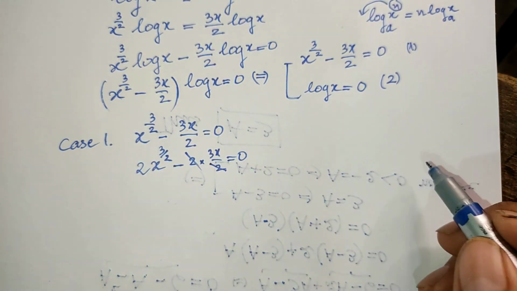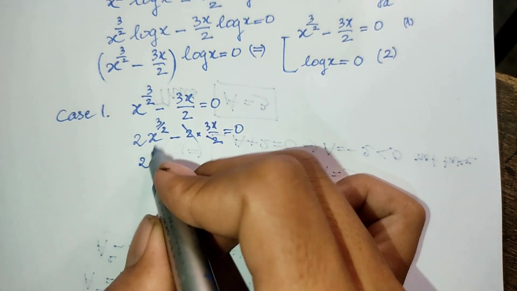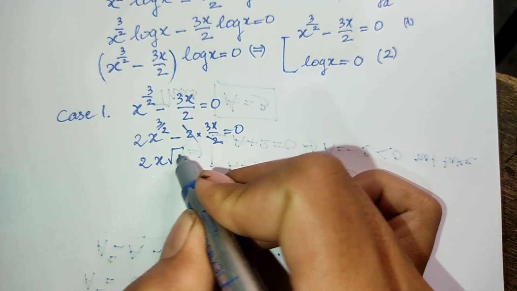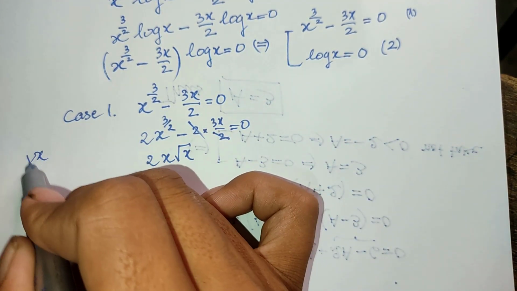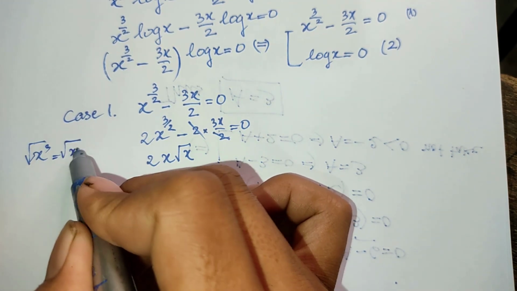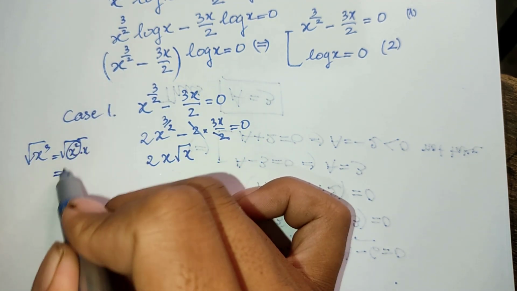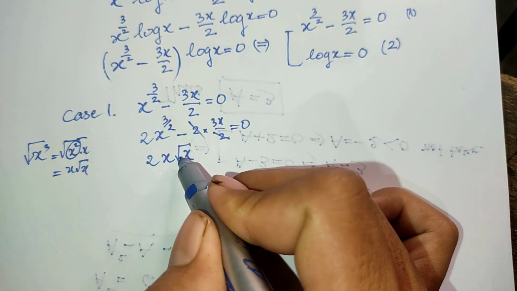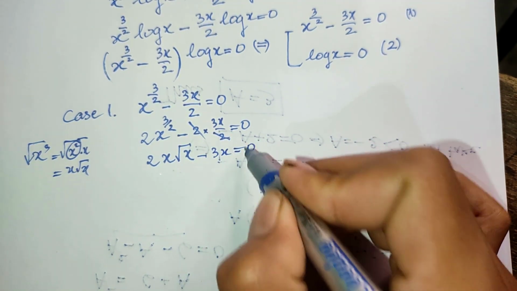And now we simplify it: h power 3 is the square root of h cubed, which we also write as the square root of h squared multiplied by h, and we can take out the square root, we get h square root of h. And now we write this, and minus 3h equals 0.